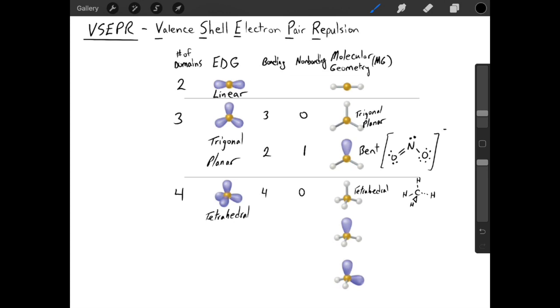If you start replacing bonds with lone pairs, you get a series of additional molecular geometries. If you have 3 bonds and 1 lone pair, you end up with something that is trigonal pyramidal. It still has 4 domains, so it has a roughly tetrahedral shape, but one of those bonds has been replaced with a lone pair. And now if you only look at the bonds, it looks like you have a triangular-based pyramid, and we call that trigonal pyramidal. And that would be something like ammonia, NH3.